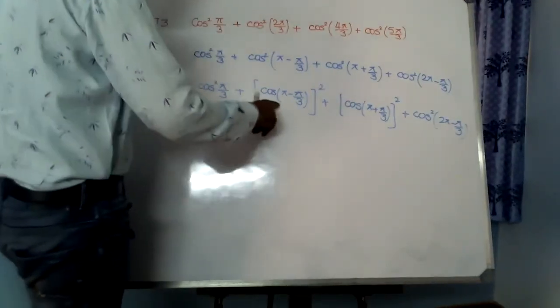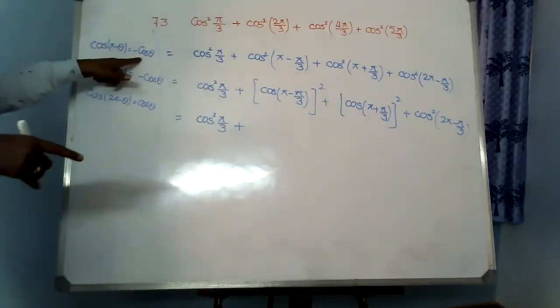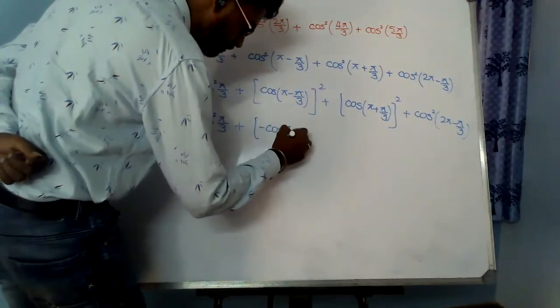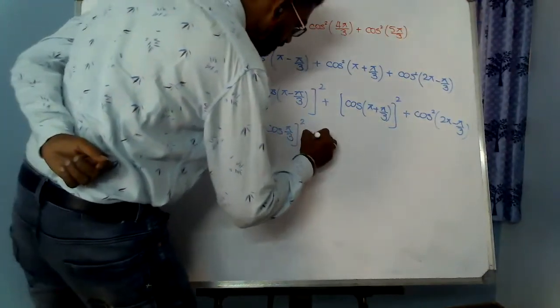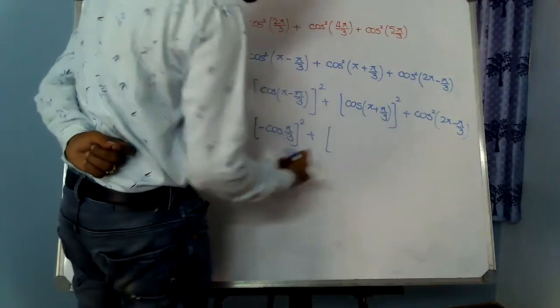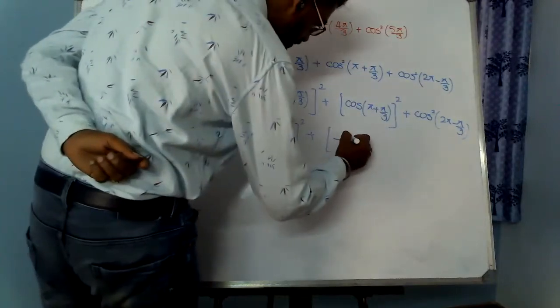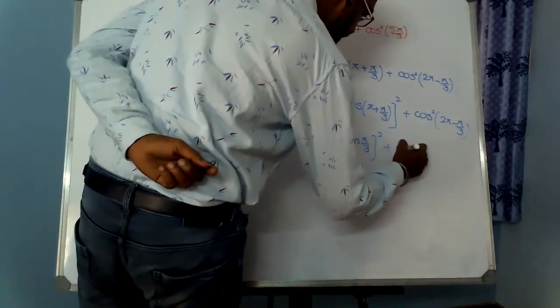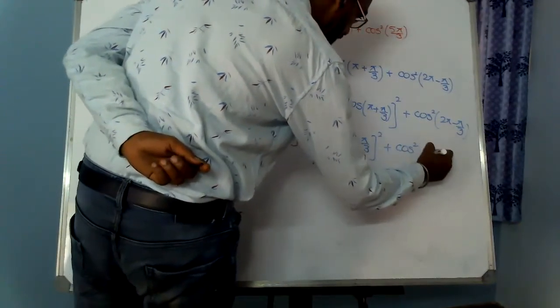Plus cos (pi minus pi by 3), as per the formula, should be minus cos pi by 3. Okay, I'll write it minus cos pi by 3. I'm using the formula. Square plus, pi plus pi by 3, again I'll get minus cos pi by 3 only. Okay, square. This I'll write cos square (2 pi minus pi by 3). Right? This is what I'll get.